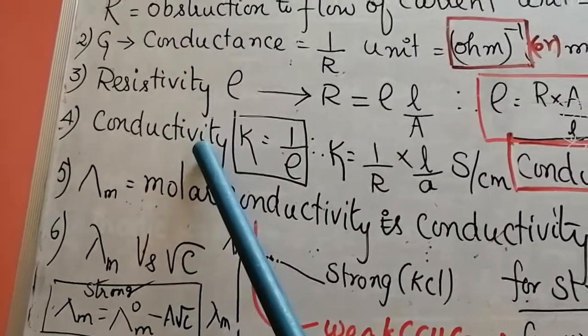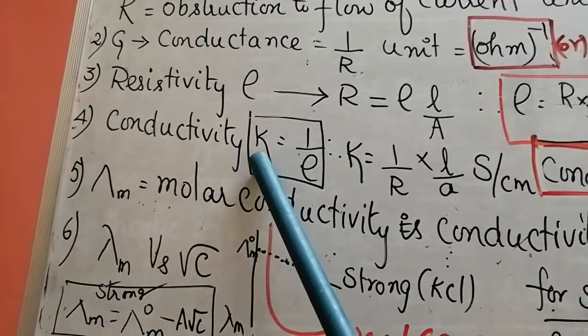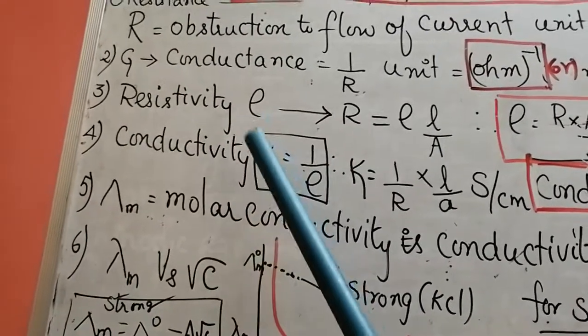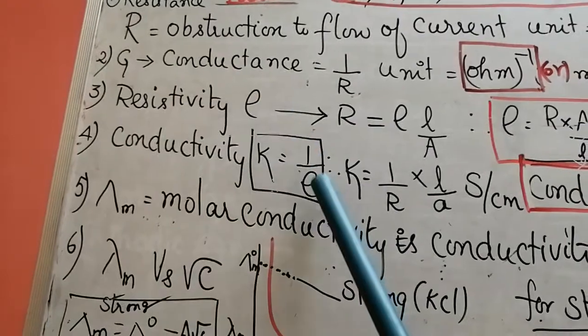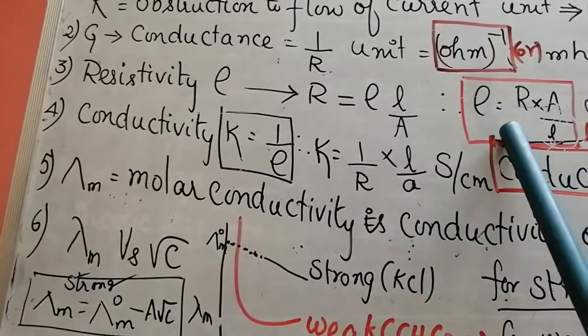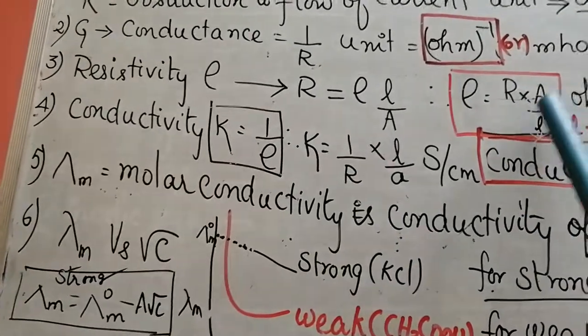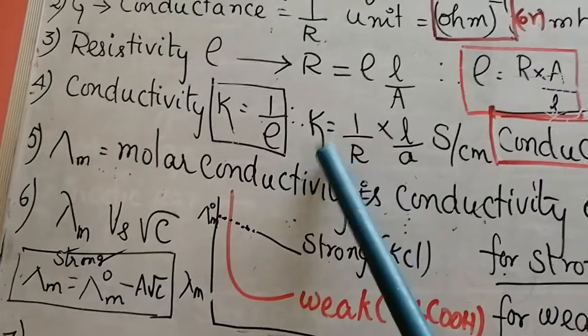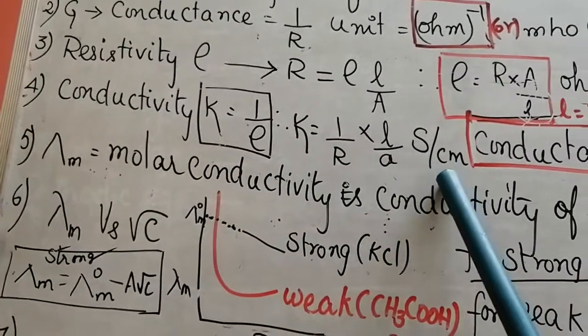What is conductivity? Conductivity is represented by the letter kappa. Kappa is the reciprocal of resistivity. So conductivity is equal to 1 by R into, instead of A by L, you write L by A, capital A. Then kappa is in Siemens per centimeter.